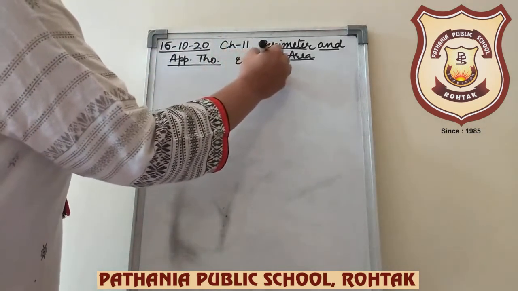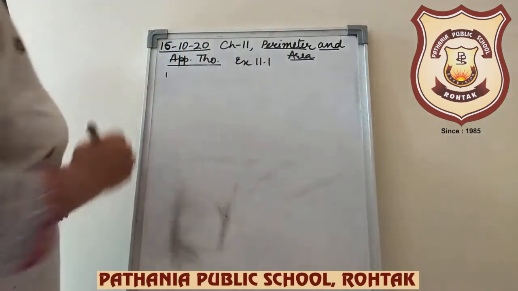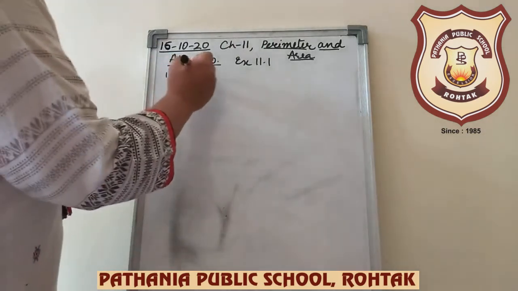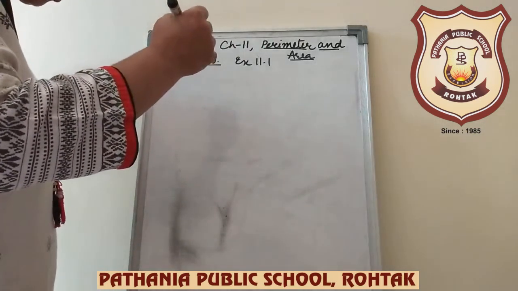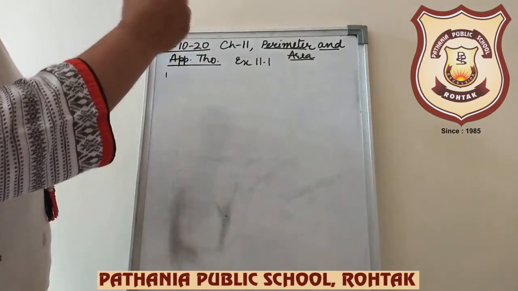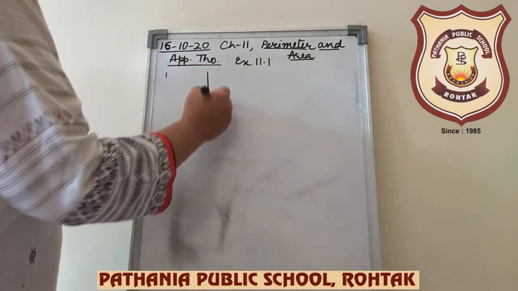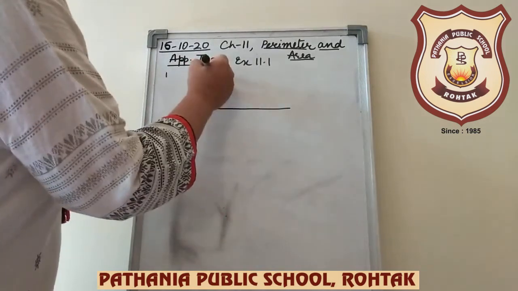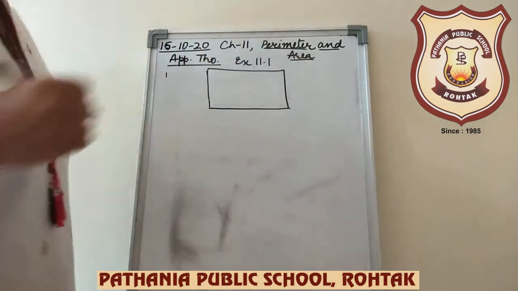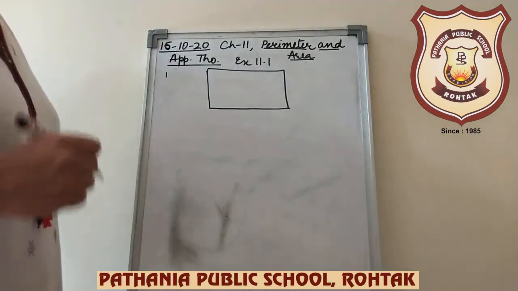Exercise 11.1, question 1. It is given that a wall is to be painted, whitewashed. The wall is in rectangular form.